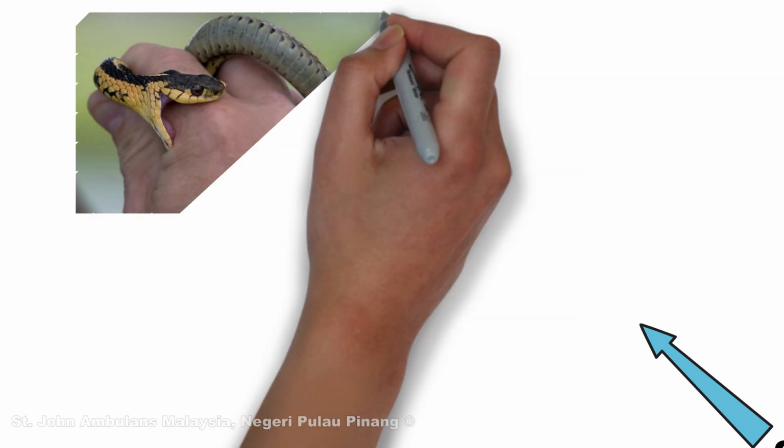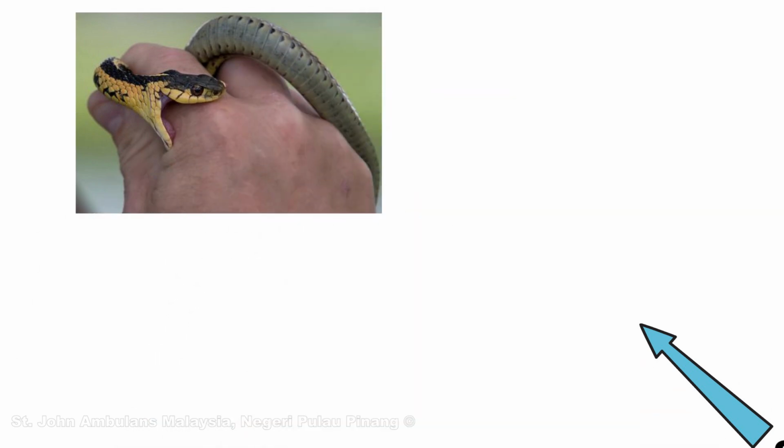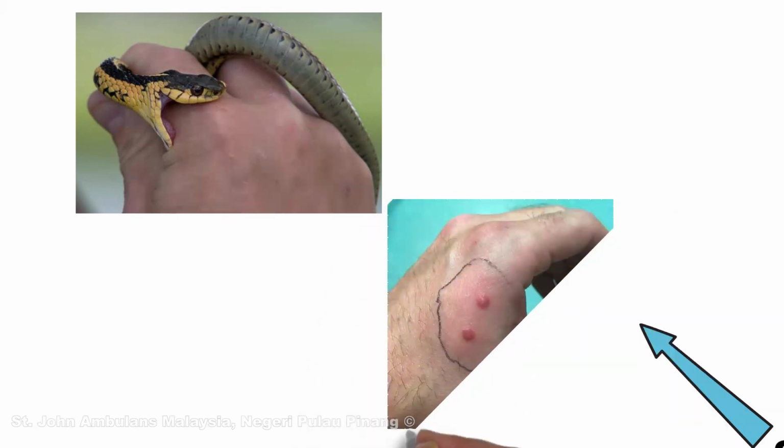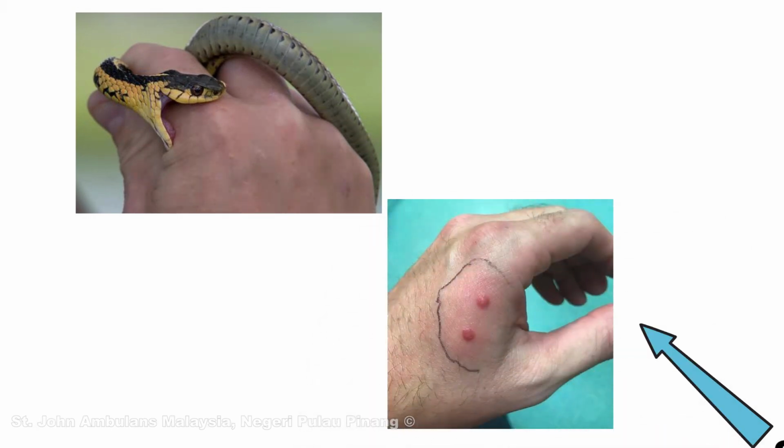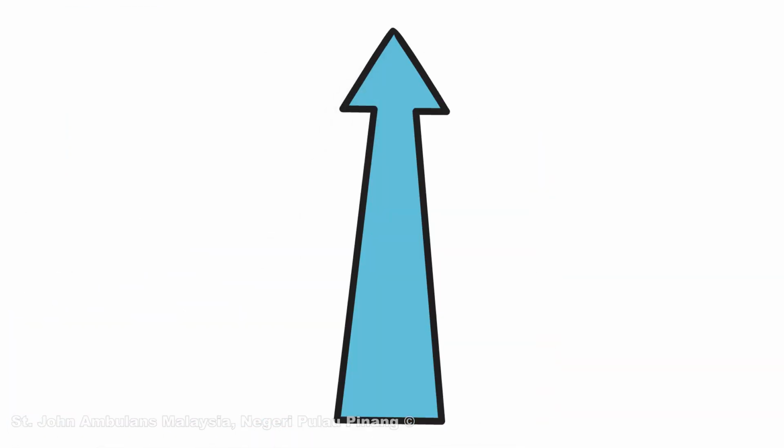After a snake bite, you will see a pair of puncture marks caused by the snake's teeth, and sometimes the bite may be painless at the moment the snake bite happened. While the venom enters the body, the casualty will feel severe pain, redness, and swelling at the bite.